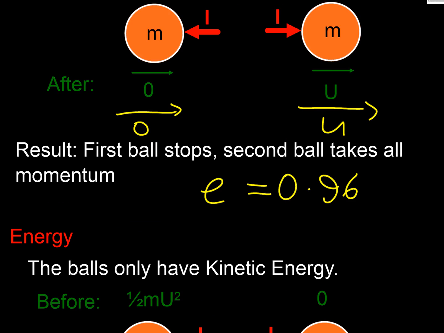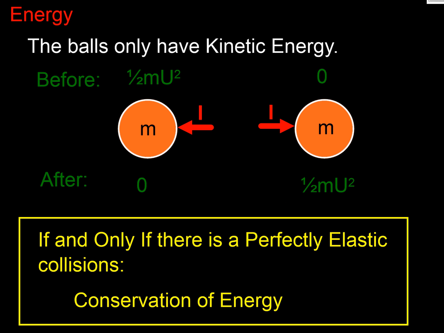There's something else for us to look at in this situation, and let's have a quick look at energy. There's only one sort of energy we've got here, that's kinetic energy. There's no potential energy, they're all on the level. The cue ball came in with kinetic energy half mu squared, and the target ball went out with kinetic energy half mu squared, and there was no energy in the other ball before and after.